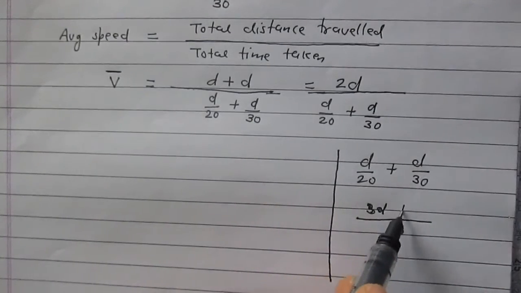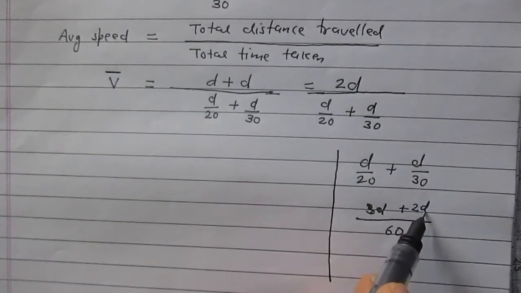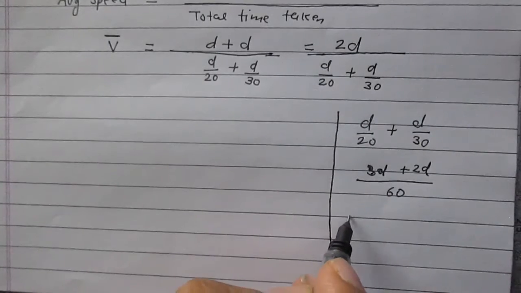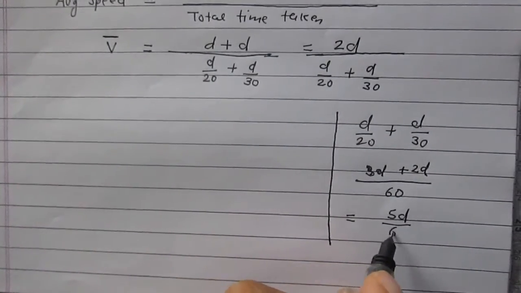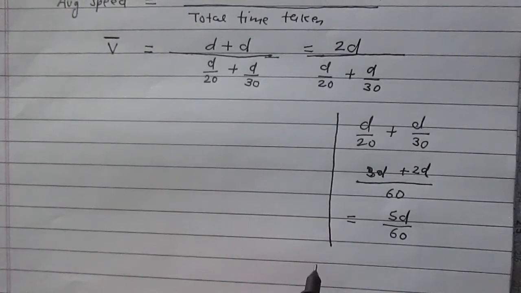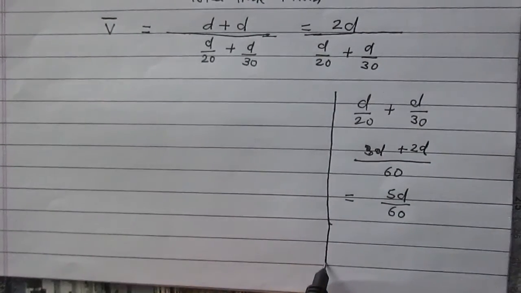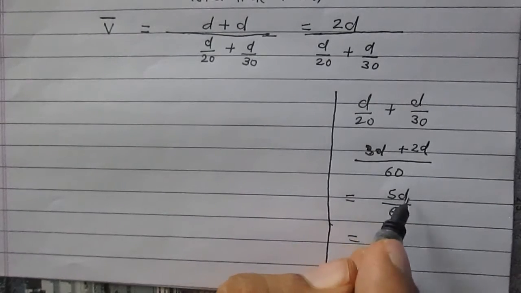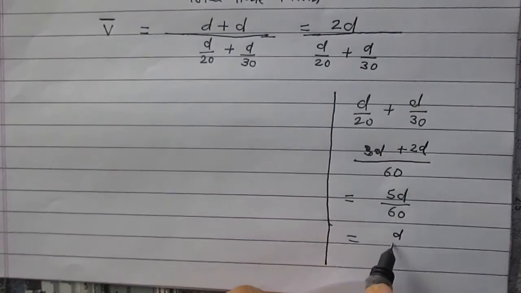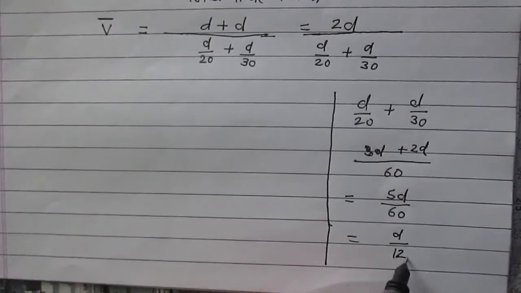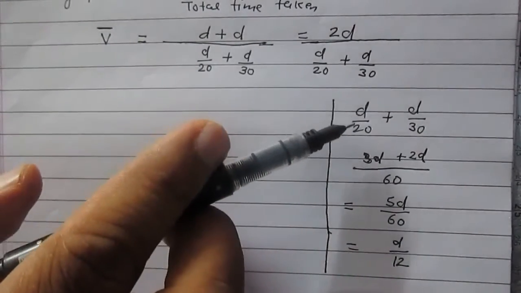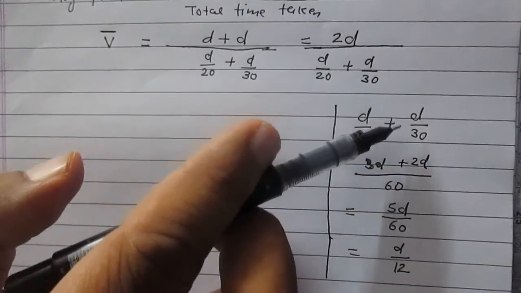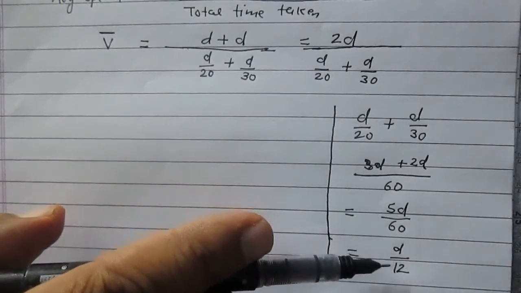So it will become twice of D. And further it will become 5D upon 60. On simplifying it further, 5D by 60 will become D upon 12. So D upon 20 plus D upon 30 is D upon 12.